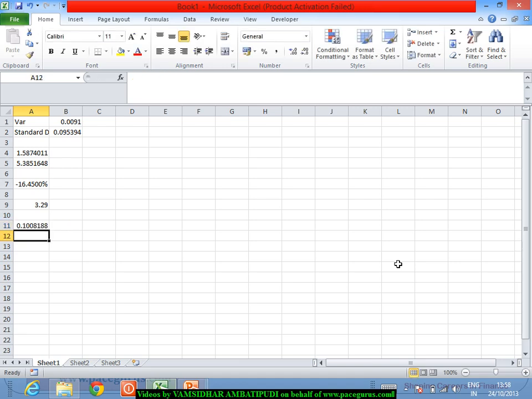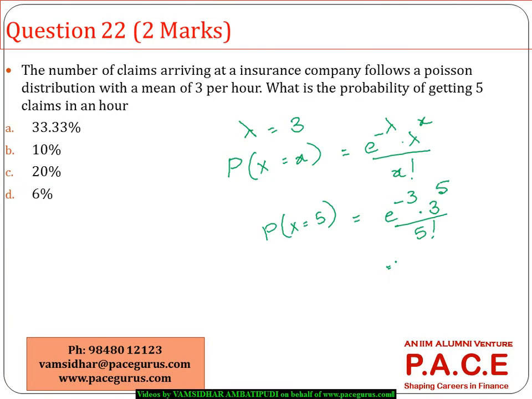So around 10.08%. So the closest one looks like 10%. So I can very well mark B as the answer choice. So I'm marking B as the answer choice in this case, 10.08%. Alright. Let's move on to the next question.